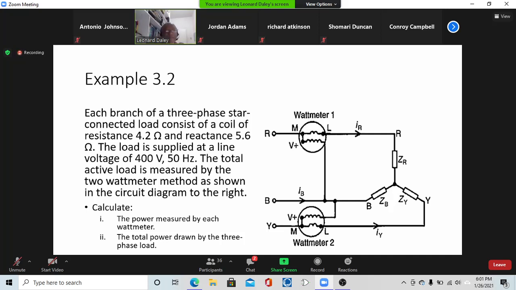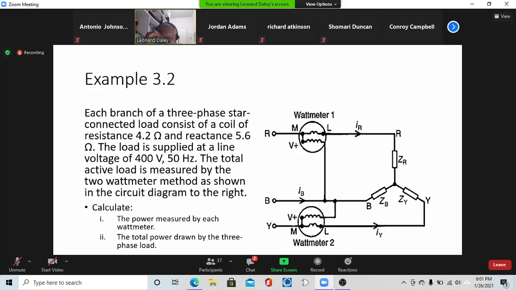Sir, the wattmeters are measuring active power, right? Yes. The load is both reactive and active. So in terms of current, do we consider only the resistive part of it, since the wattmeter is measuring the active part of it?